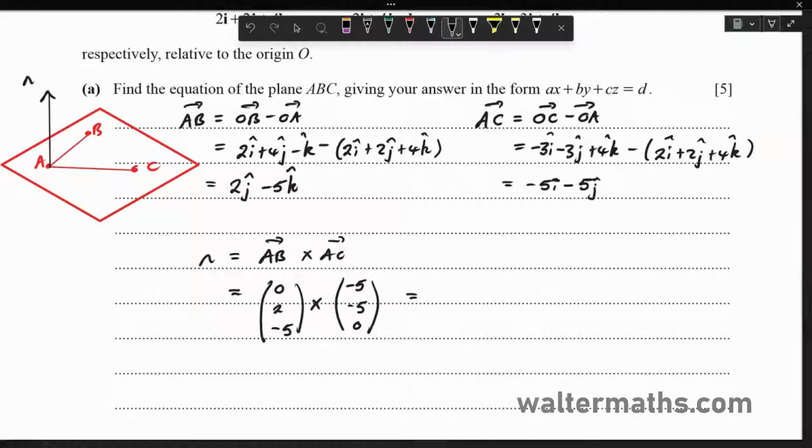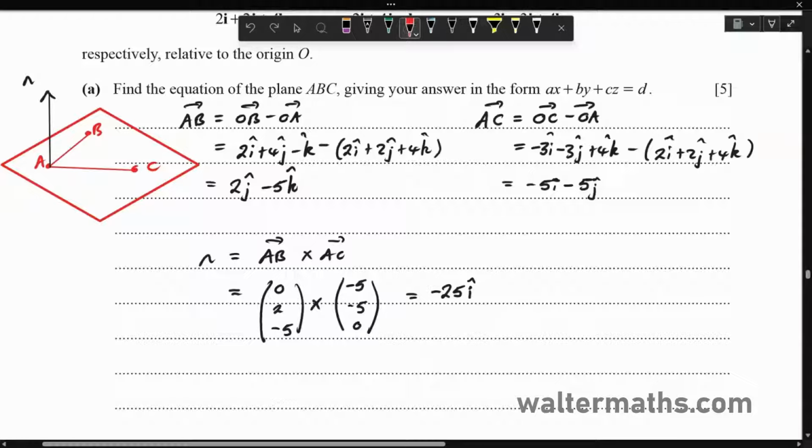If we close out the row and column, we do 0 minus 25, which gives us minus 25i.